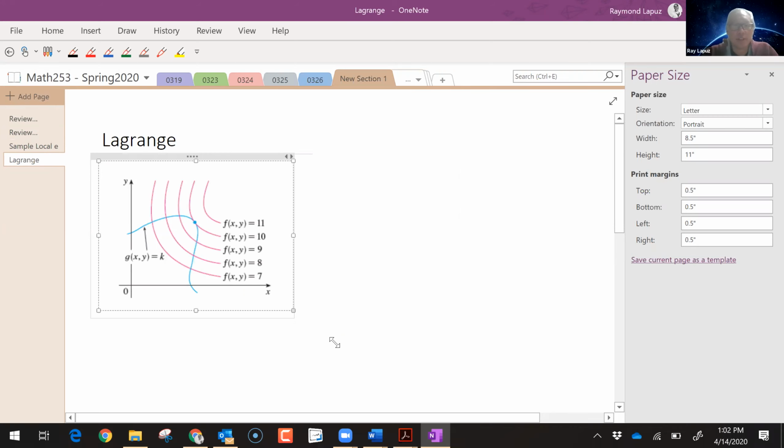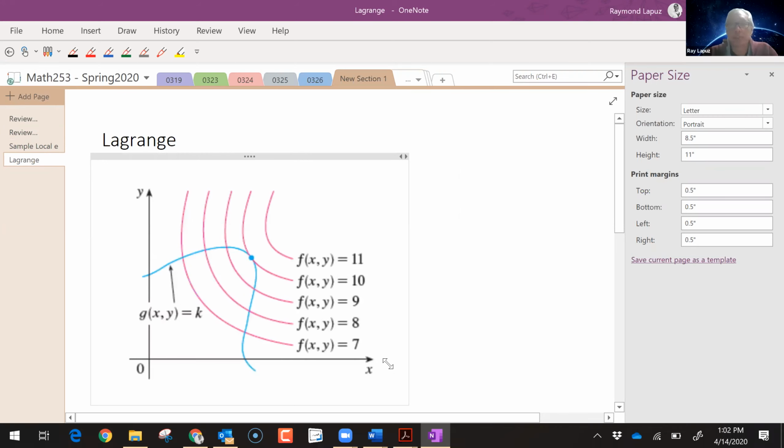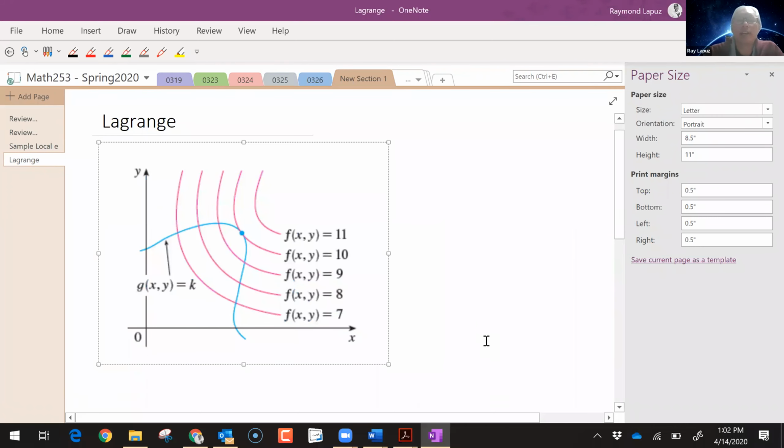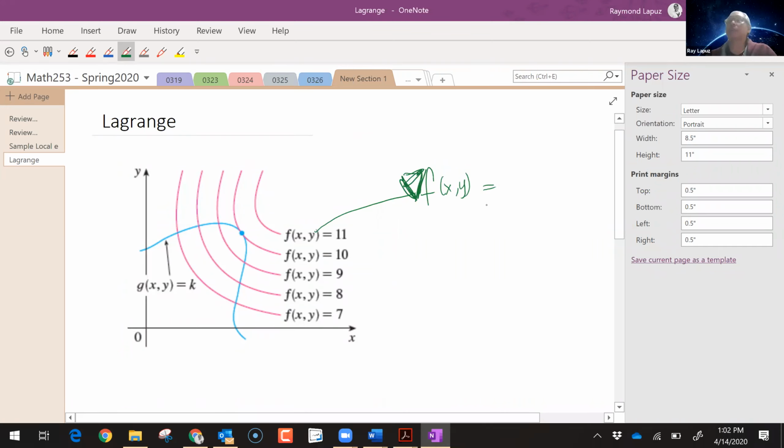So just to give you an idea of how Lagrange multipliers work, remember Lagrange multipliers is saying that the gradient of your function f is actually going in the same direction or opposite, but it's parallel to the gradient of g.